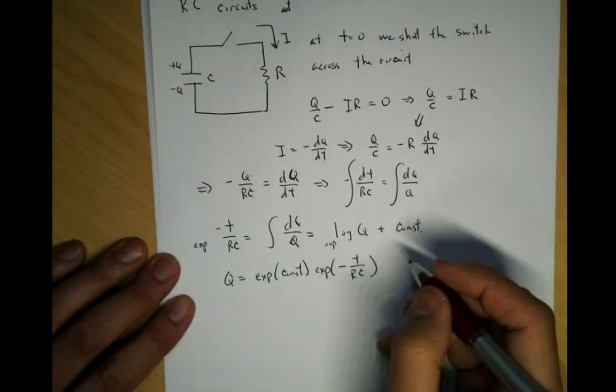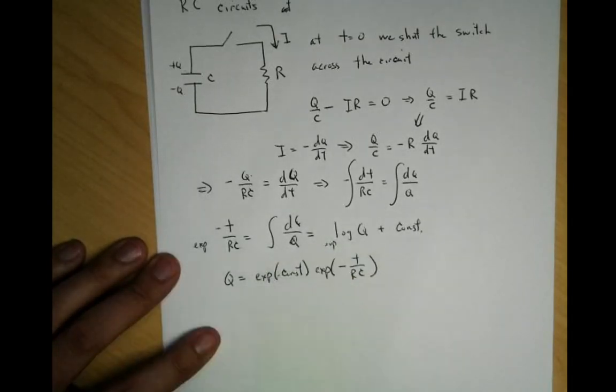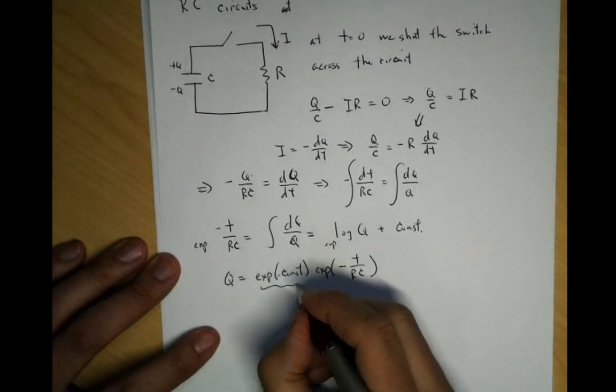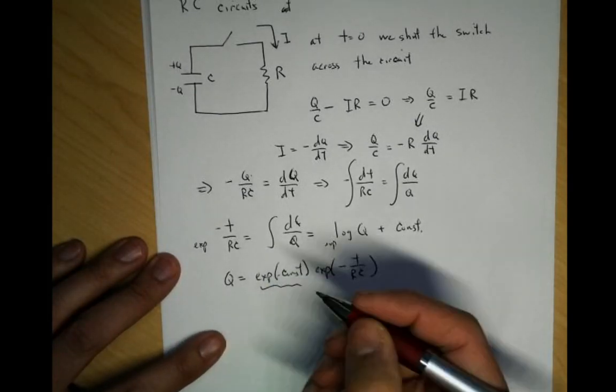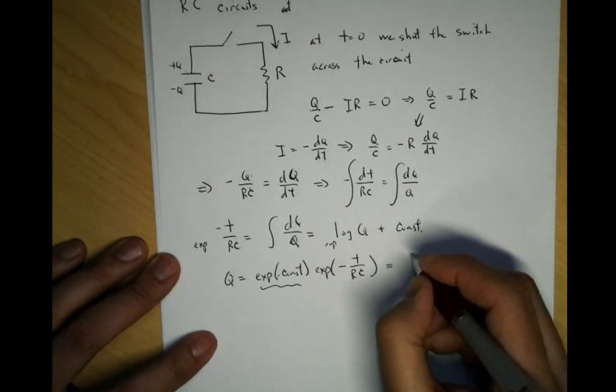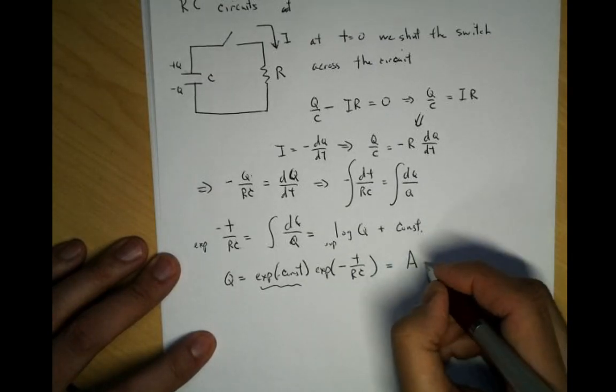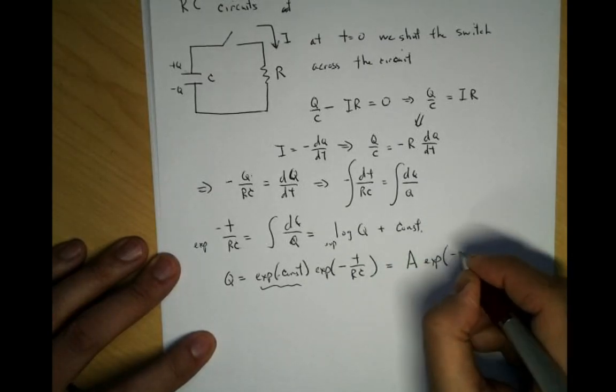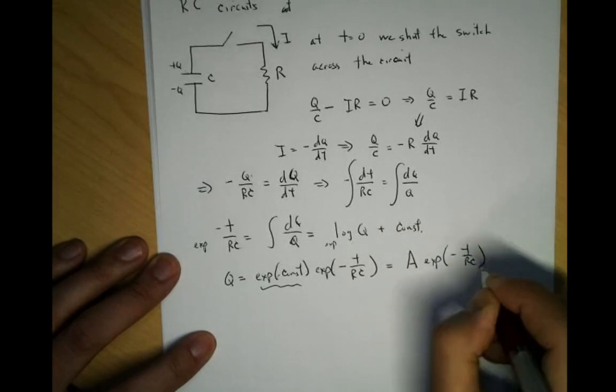Technically it's a minus constant, but it doesn't really matter, it's still a constant. So I'm going to call this another constant right here, I'll just call it A, times exponent minus t over RC, okay?